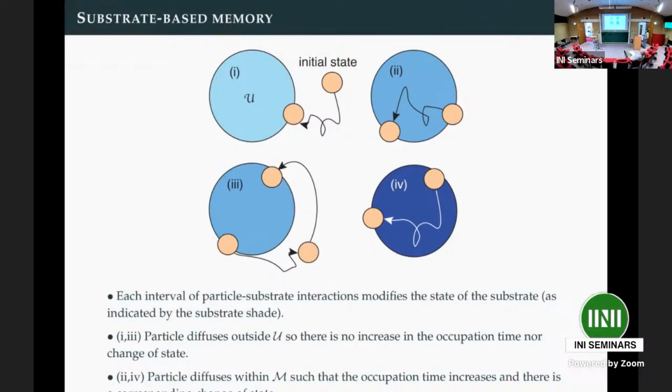So one possibility is that when the particle is moving through your domain, it's affecting the domain and changing its internal state. When it's outside the domain, it just stays frozen. But each time it's inside the domain, it changes the internal state. That's a memory encoded in the substrate.